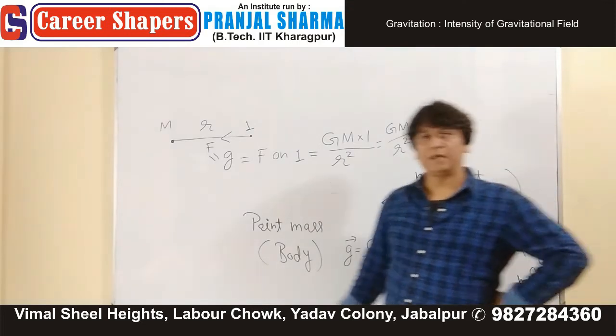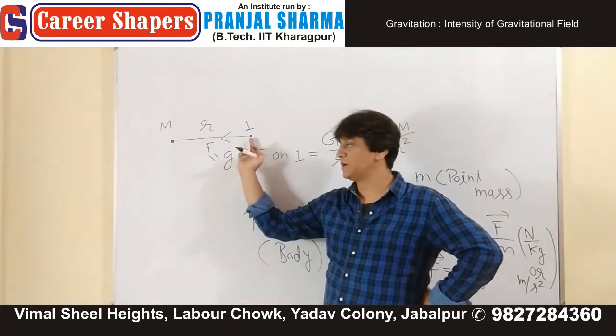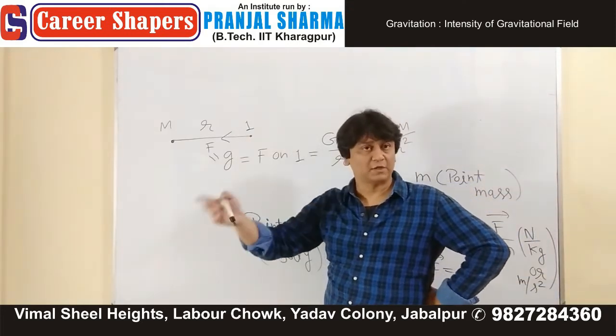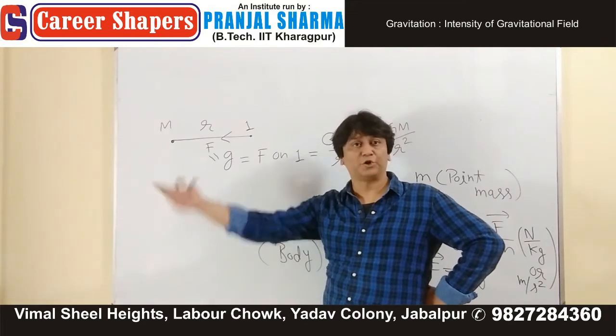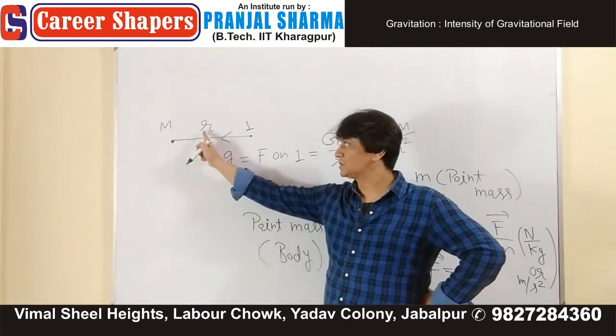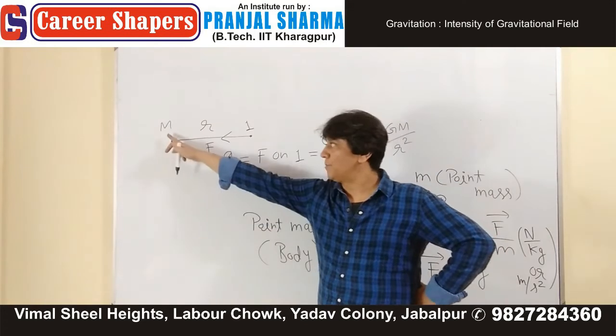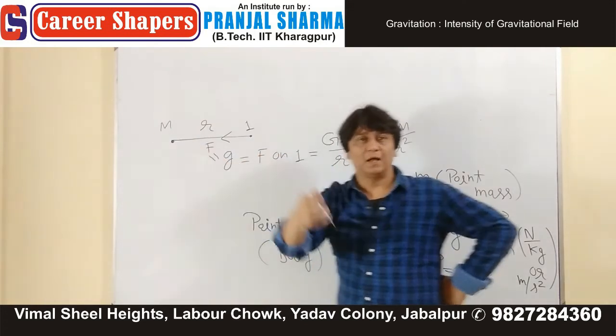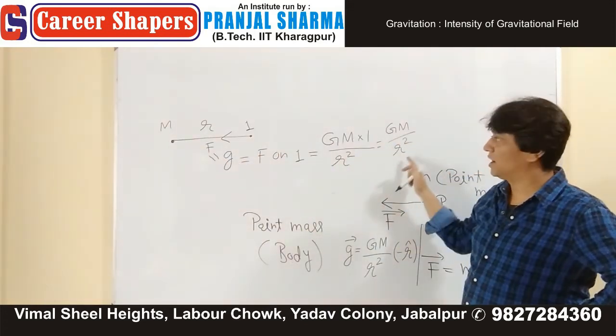So what is gravitational intensity or field strength or acceleration due to gravity at a distance of r from a point mass m? Answer is Gm by r square.